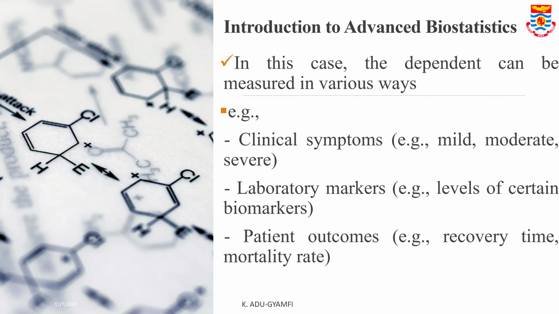If I'm basing my arguments on laboratory markers, levels of certain biomarkers may be used. It can give you something different. For patient outcomes, recovery and mortality can also be used.